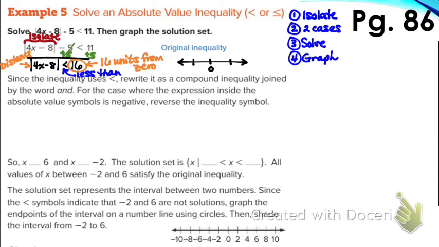Close. Negative 16. What's my upper boundary? 16. If I say I am less than 16 units from 0, where could I be? Yes. In between the negative 16 and the positive 16. This is where I could be.